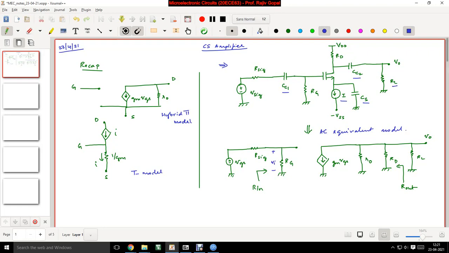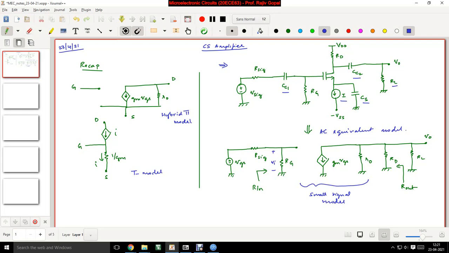Now if I draw the AC equivalent model of this, I can replace my entire MOSFET with this small signal model. I have a gm vgs current source which depends on the voltage vgs, and r0. r0 is the drain to source resistance.